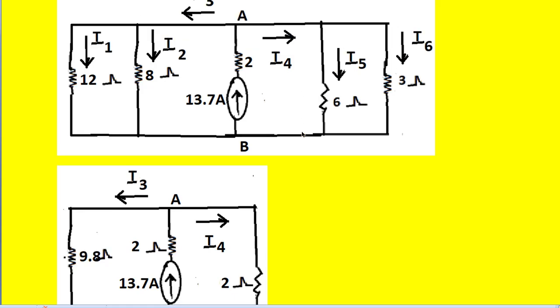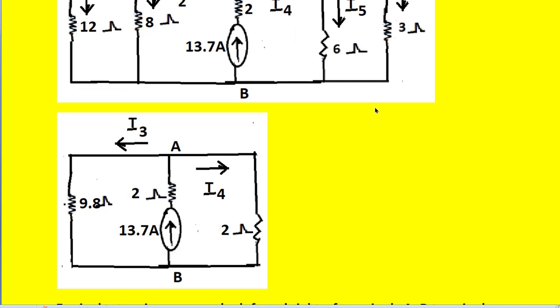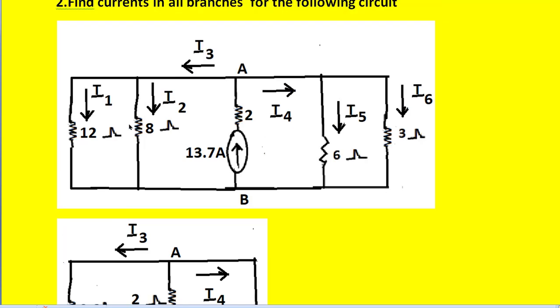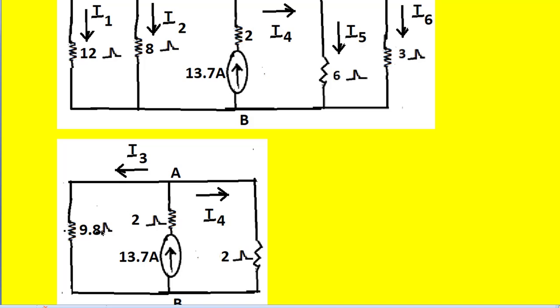To get that, first we have to find out the equivalent resistance to the left of terminals A and B. Similarly, the equivalent resistance with respect to AB on the right side. So if you calculate the equivalent resistance of 12 ohms in parallel with 8, then we get 9.8 ohms.